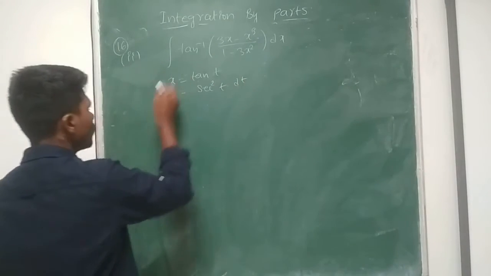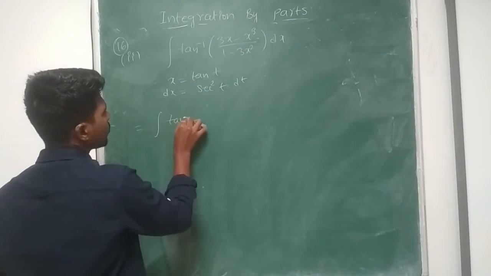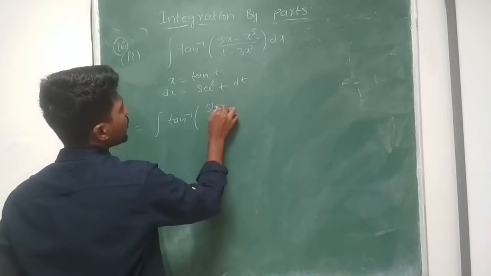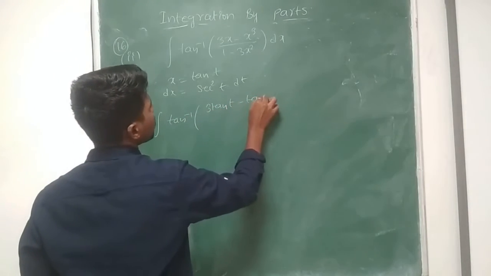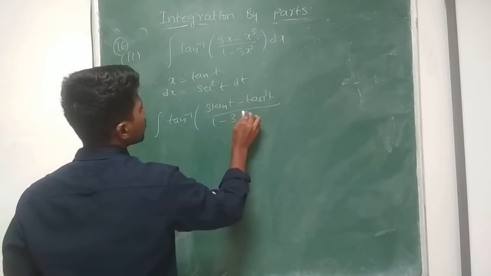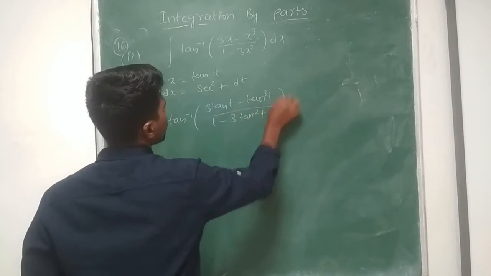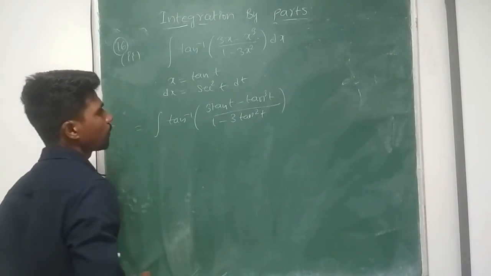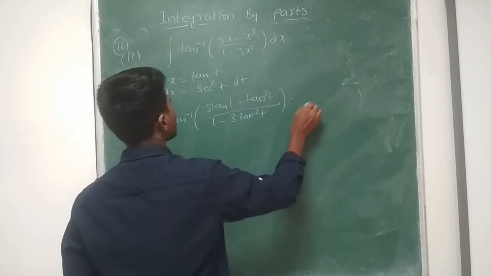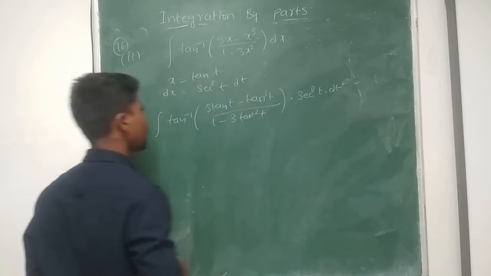Now this can be replaced as tan inverse of 3 tan t minus tan cube t by 1 minus 3 tan square t, into dx, which can be written as secant square t dt.